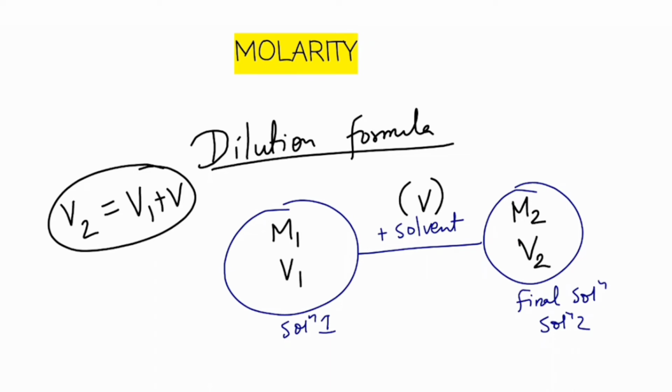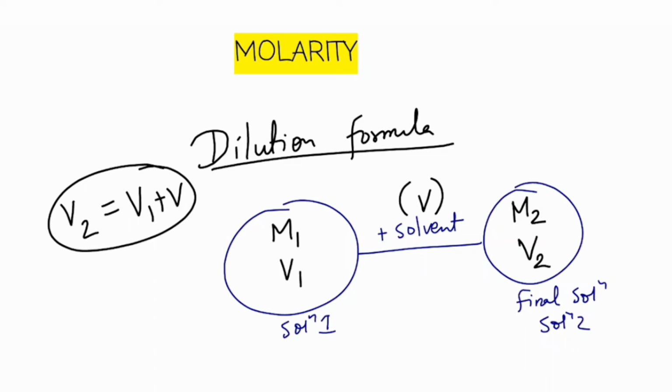Now, as I have already told you, we have not added any moles of solute. So the initial moles of solute in solution 1 will be equal to the final moles of solute in solution 2. What is the number of moles of solute in solution 1?